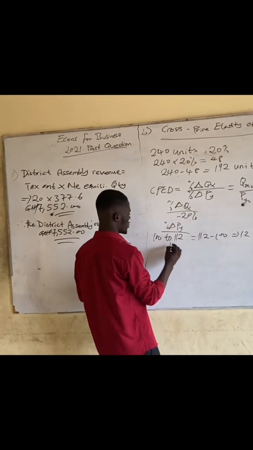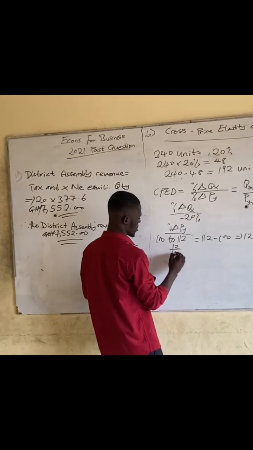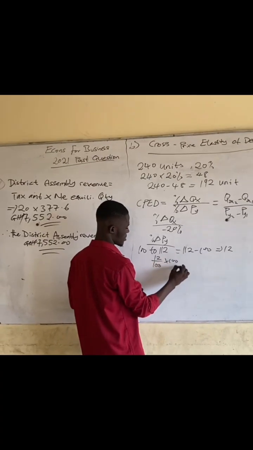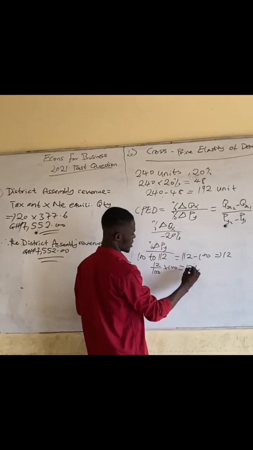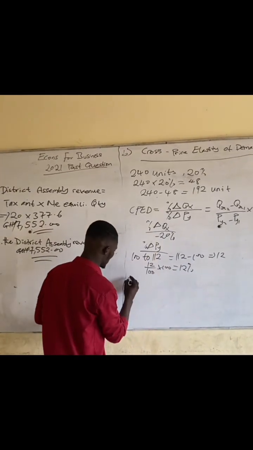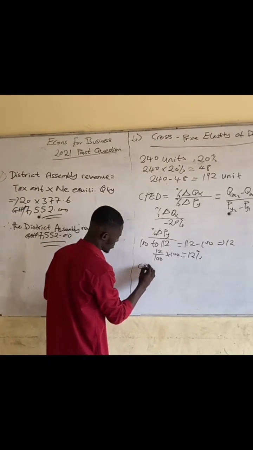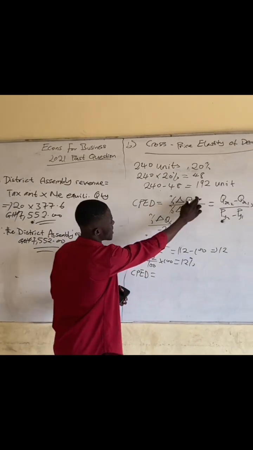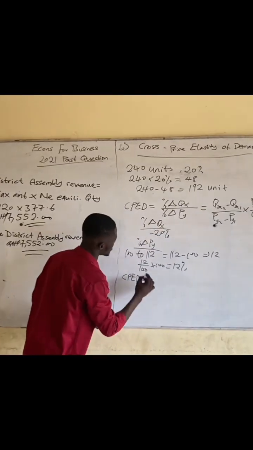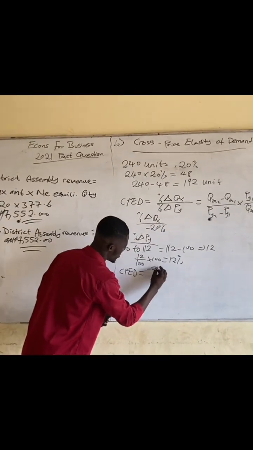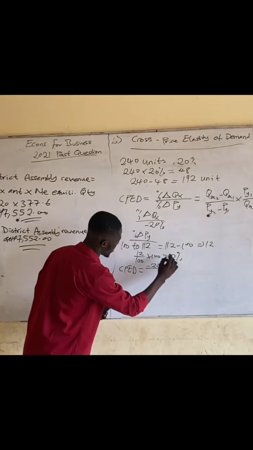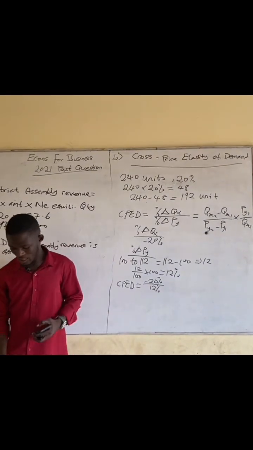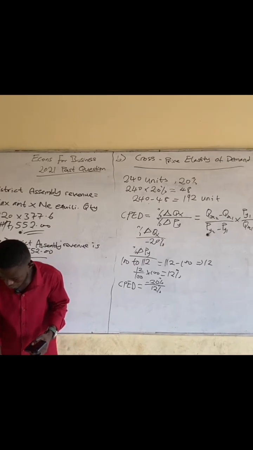To get your percentage, 12 out of 100, your old price, by 100%, giving us 12% here. So cross price elasticity of demand will give you percentage change in quantity over percentage change in price, which is minus 20% over 12%. So let me point this on my calculator and see what we will get.